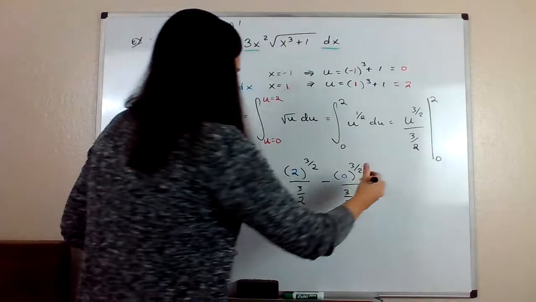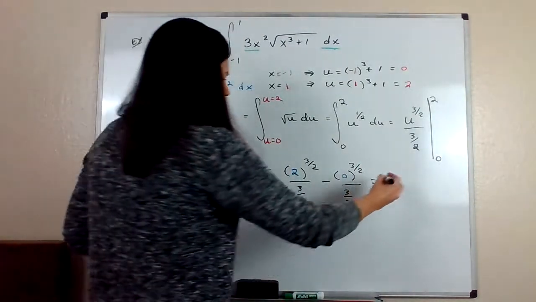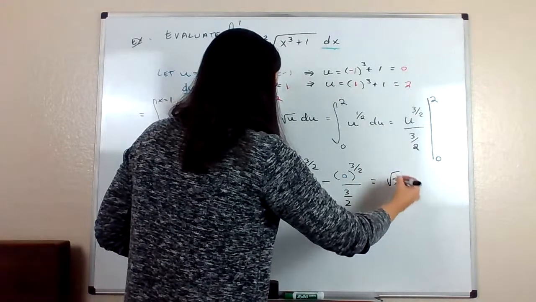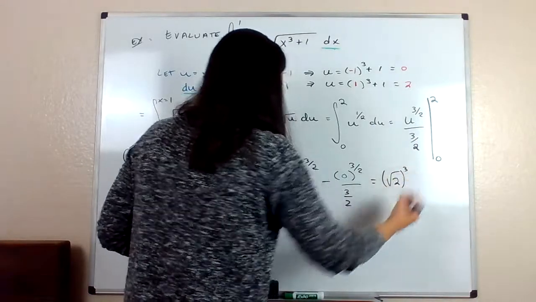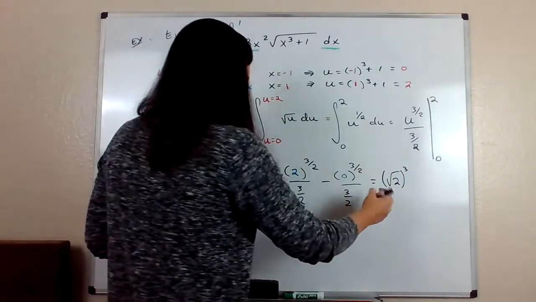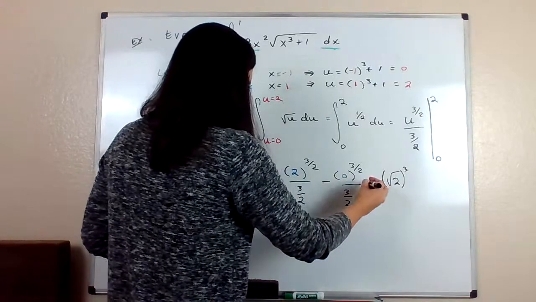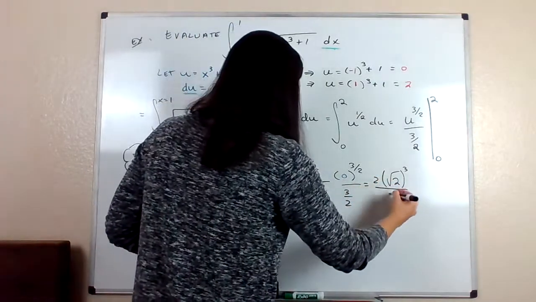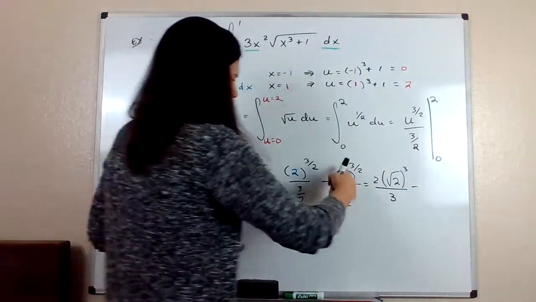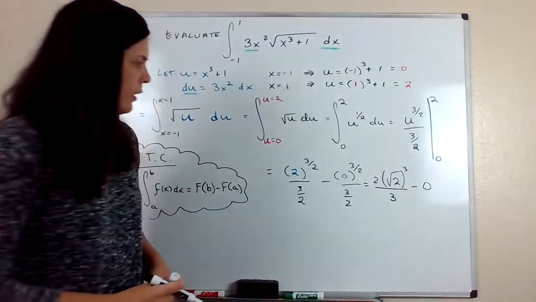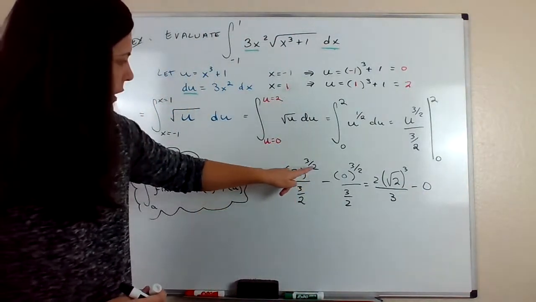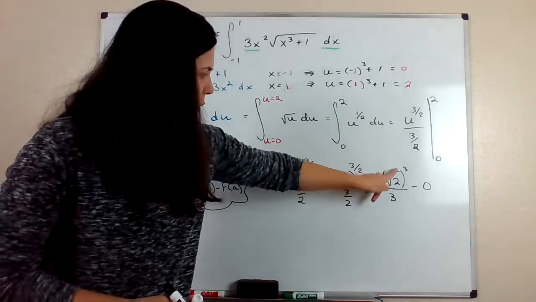So let's make this look a whole lot better. So this is square root of 2, you could say quantity cubed, and then the 3/2 that we're dividing by, you can flip and multiply and call that 2/3. And then this whole term is just 0. Remember rational exponents, the bottom number is the index, that's why it's a square root.